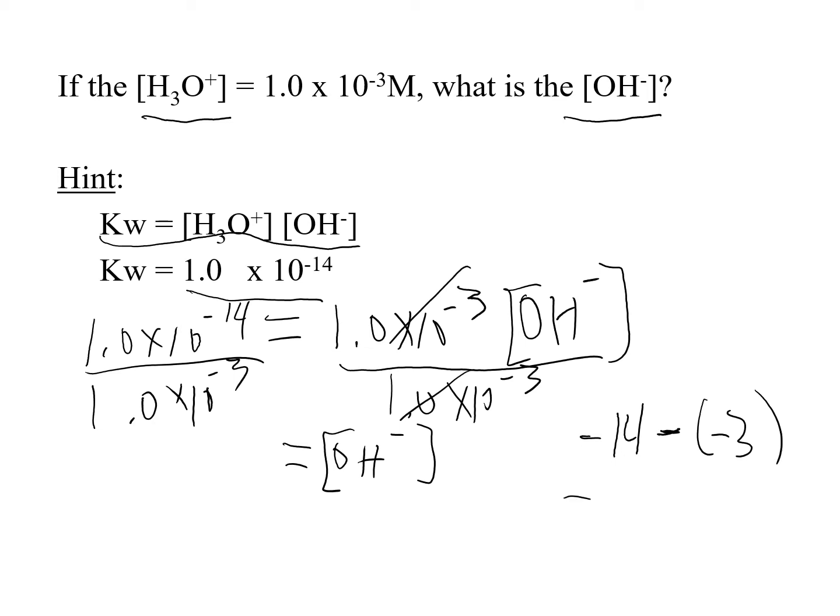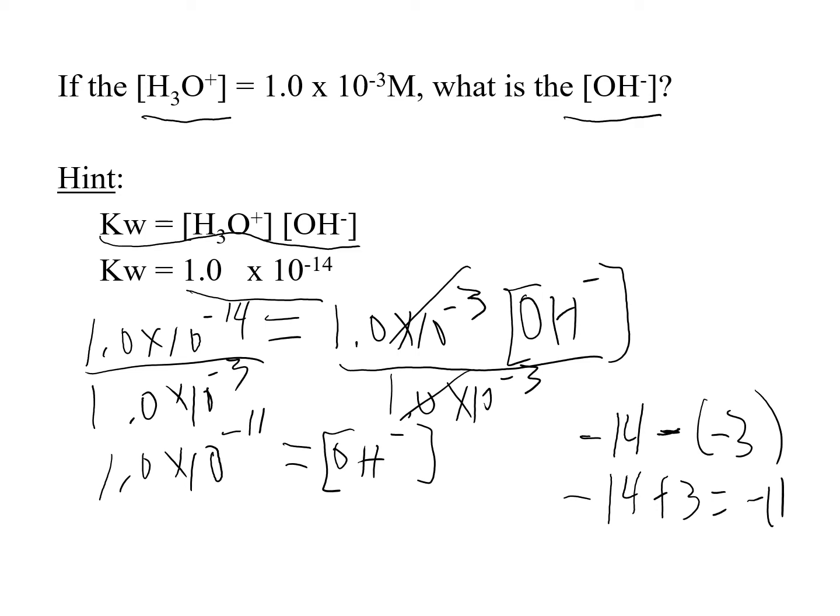And then we could just say negative 14 plus 3 is going to give me negative 11. So for my answer, it's 1.0, because 1 divided by 1 is 1, times 10 to the negative 11th. So again, you're welcome to use your calculator, but that's a shortcut way you could do it that might save you a little bit of time.